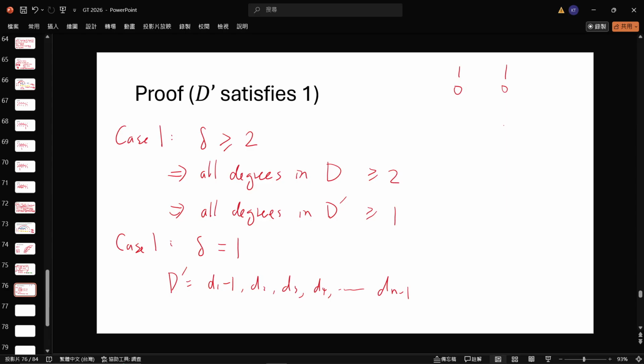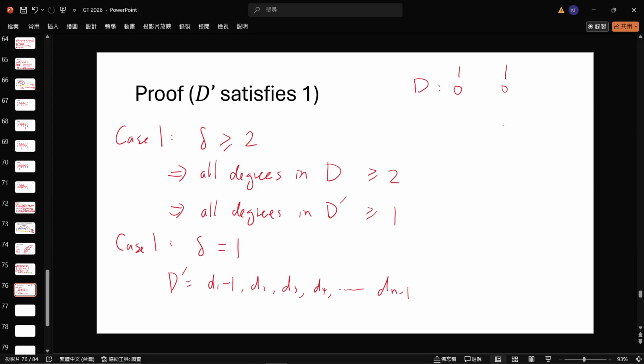is a corner case, because when we consider this D and D prime, we're going to assume that D has at least 3 degrees, because if this is D, then we won't actually simplify it further because we can just find the graph for it. But that's a good point.